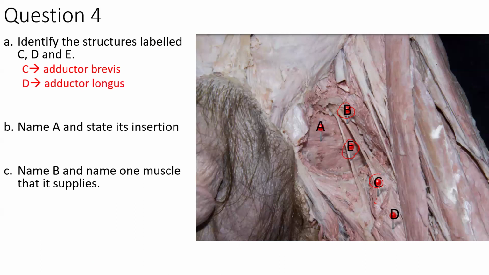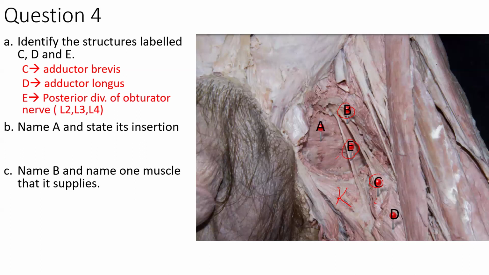So adductor longus lies on top of adductor brevis, and structure E here lies between now C and this muscle here, which I'll name as K. So structure K is adductor magnus. So the nerve between adductor brevis and adductor magnus, that's the posterior division of obturator nerve.